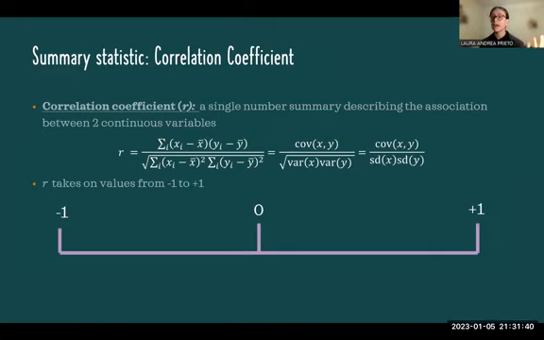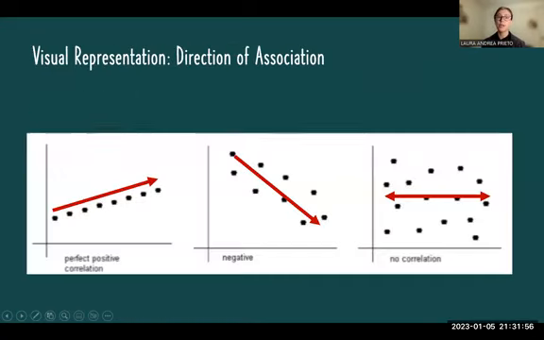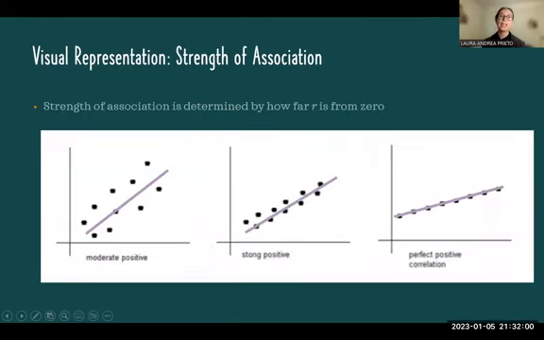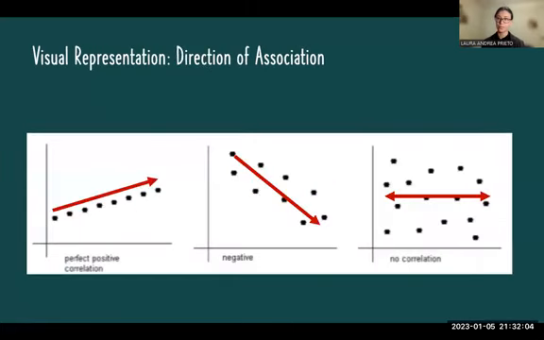Now, for those that have taken a stats class or have yet to take it, you can start building connections here, especially at how this summary statistic is calculated. Now, R takes on a value from -1 to +1, which allows us, like we were talking about last time, to determine the direction of the association and also determine the strength of the association.